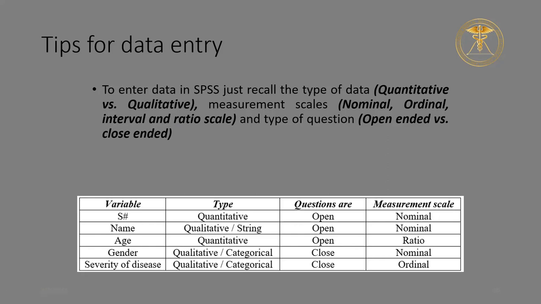You can give it nominal, no problem. Name, qualitative, so choose string, open, nominal. Age, quantitative, open, ratio. Gender, qualitative, so categorical, close form, nominal. Severity of disease, qualitative, categorical, close form, so give coding, and it is ordinal. So is there any mistake?